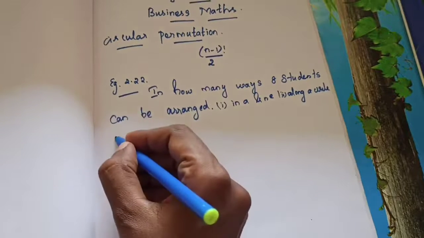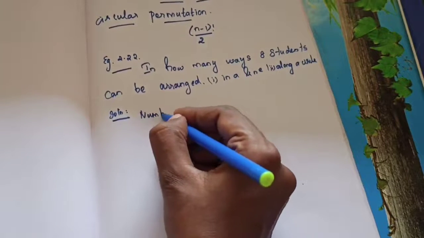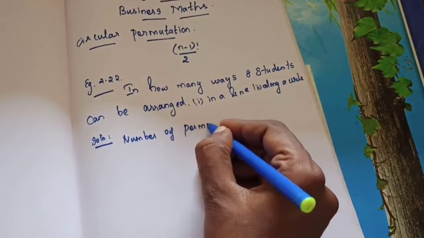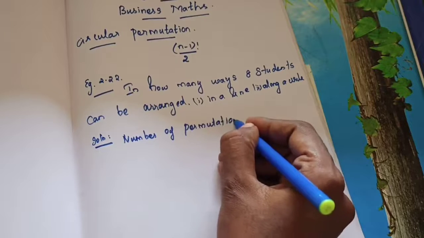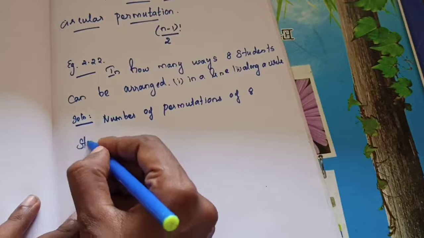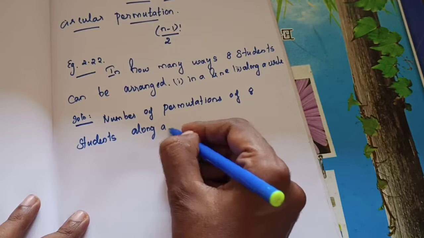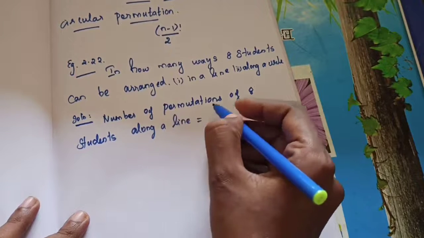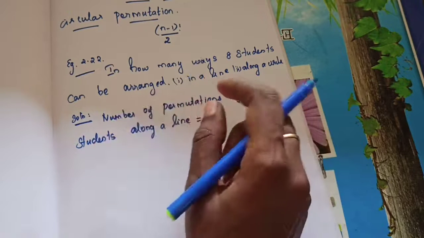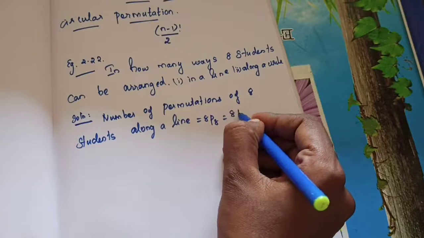Understand, students? So, the solution. First we need to find the number of permutations of 8 students along a line. Line means nPr, that's the formula. Here both are 8, so you get 8P8, and the value of 8P8 is 8 factorial.